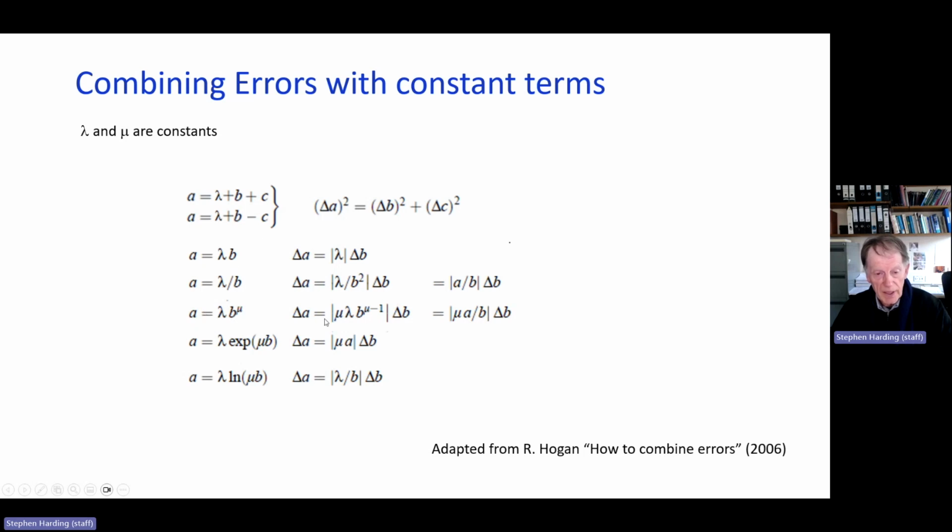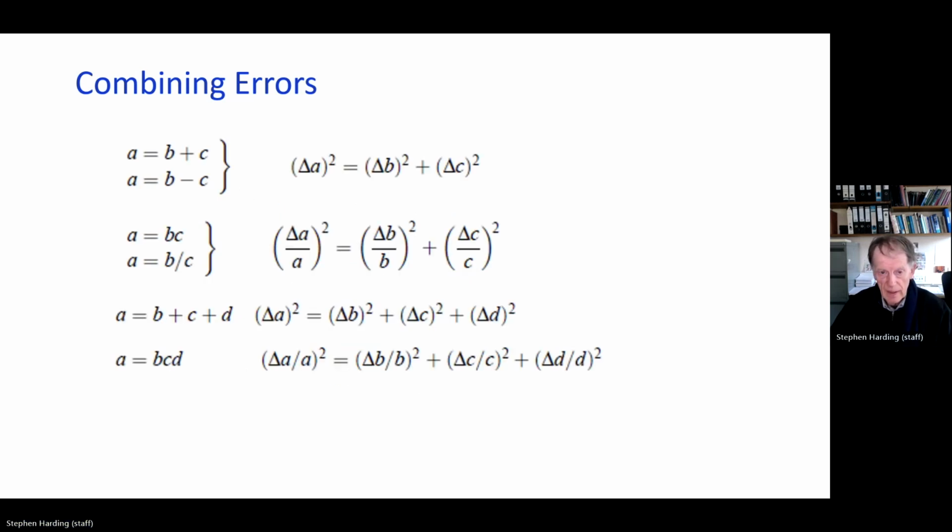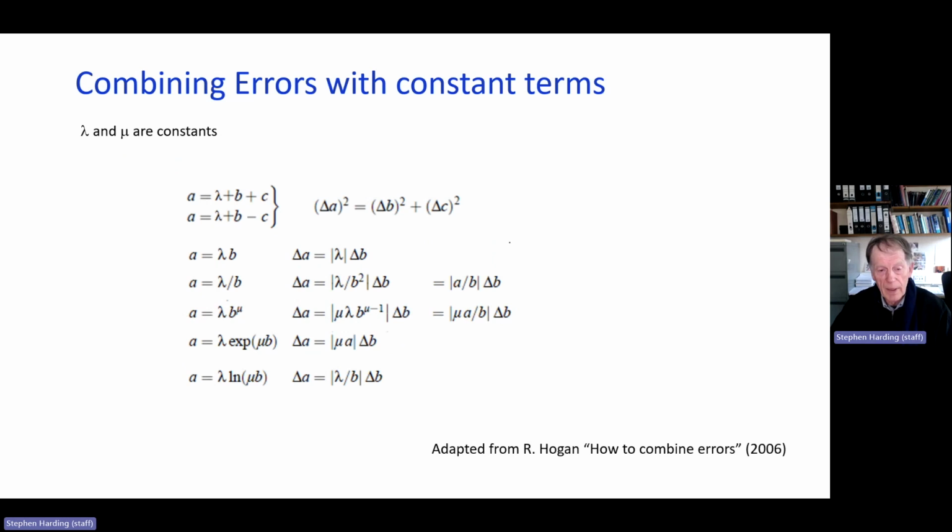And this is a set of cases here, the simple case here, and more complicated cases here, which you don't need to remember, but know how to use them. So you can refer to these formulae and make the calculations.